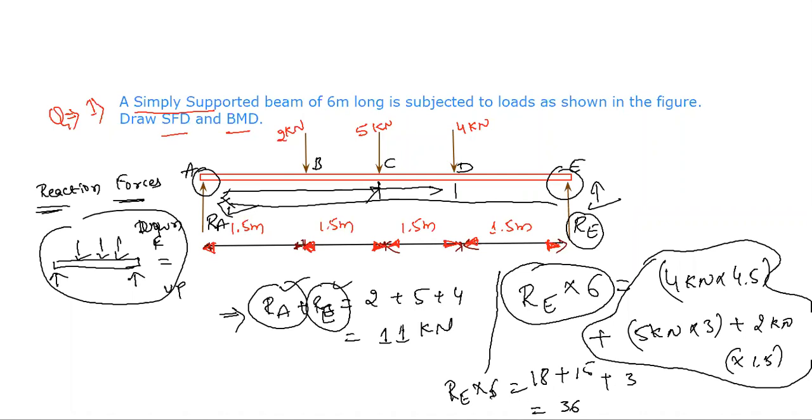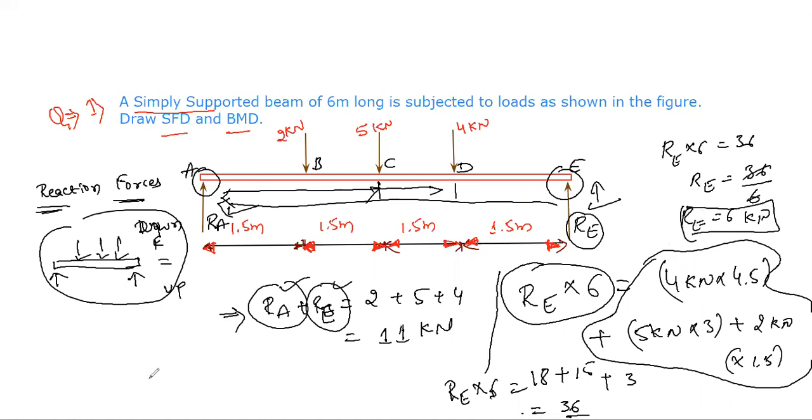Now here we have 6. You cross multiply: Re into 6 is equal to 36. Re is equal to 36 by 6. So Re is your 6 kilonewton.